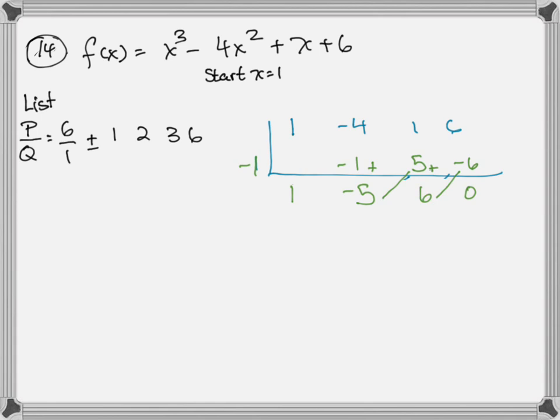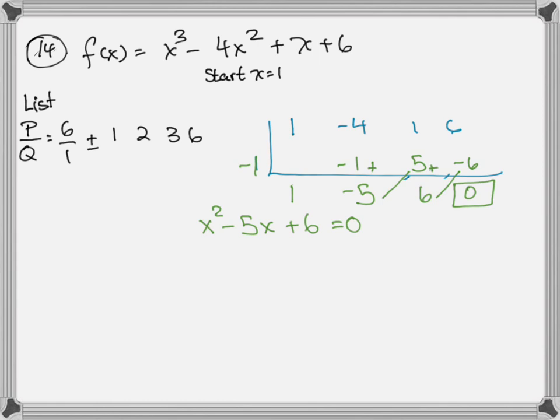Now we're going to use the 1, the negative 5, and the 6, and we're going to write that as a quadratic equation. x squared minus 5x plus 6. That is the quadratic equation now that you have to solve, either by factoring or by using the quadratic formula.